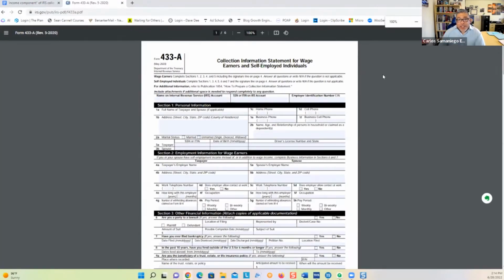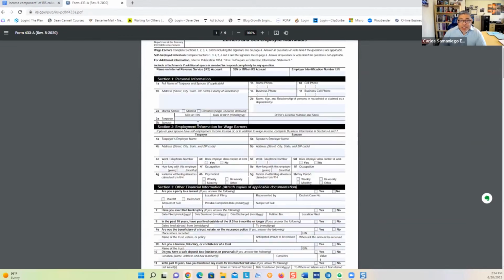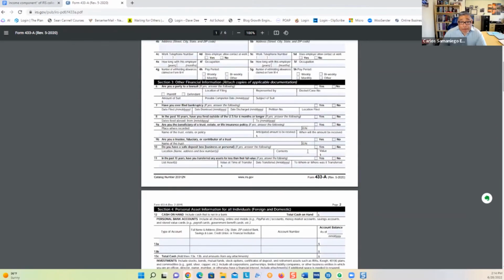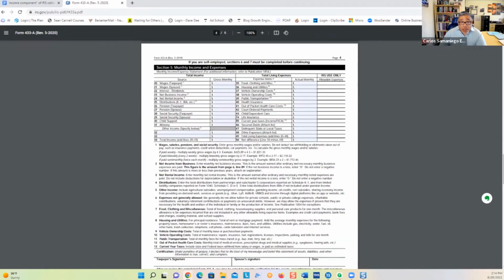When we're doing IRS collections, typically they're having you fill out that 433A. You'll see in certain sections, right here under section 2, the employment information for the spouses. That is in here. But right down here, on section 5, you see all this information.